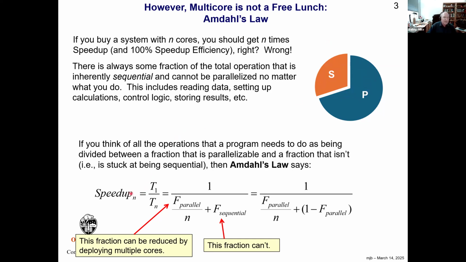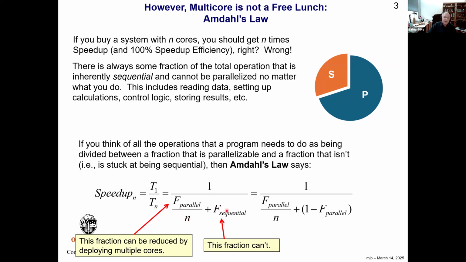Okay, so that gives us a speed up of, well, this 1 over. Now we take the fraction that's parallelizable and we divide by the number of cores. Now, if it's parallelizable, then having 2 cores will make it run twice as fast.